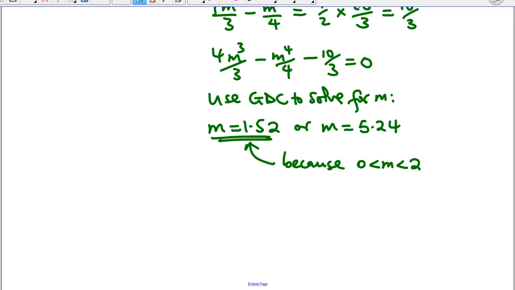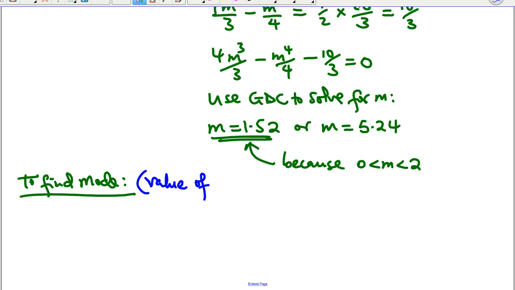So to find the mode, we know that the mode is basically the value of x at the maximum value of f of x.